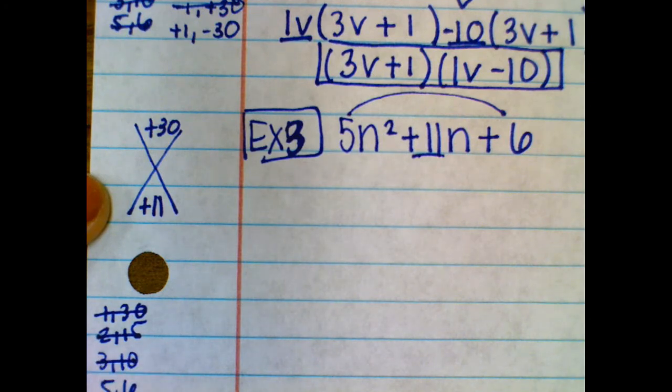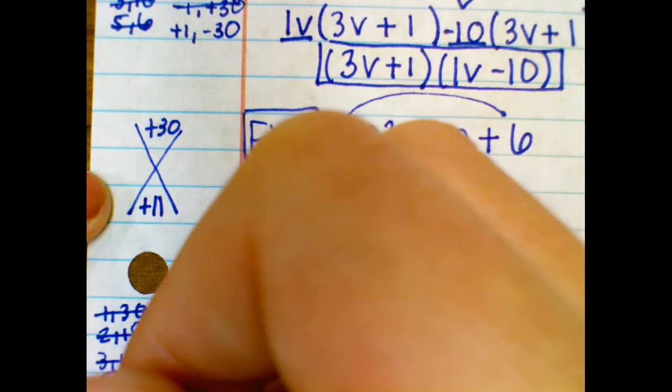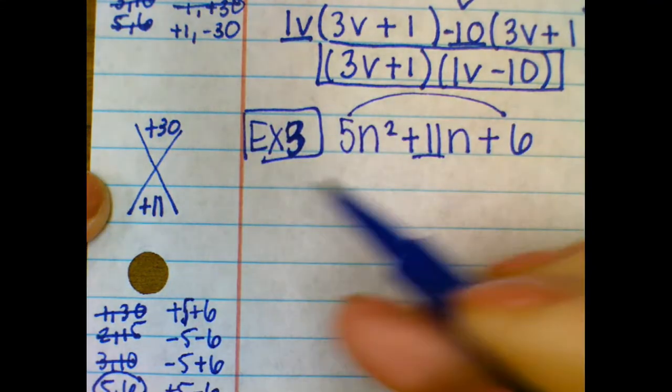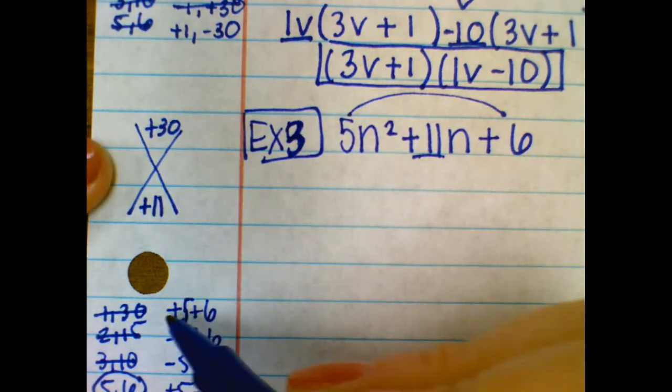And here, if I subtract, it's 1, but if I add, it's 11. So I want 5 and 6. So the question is, do I want both positives, both negatives, 1 negative and 1 positive, or 1 positive and 1 negative? And if you try all the options in your calculator, you get lucky because 5 plus 6 is 11. So I automatically use the first one.